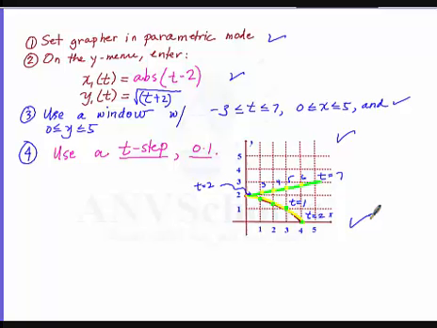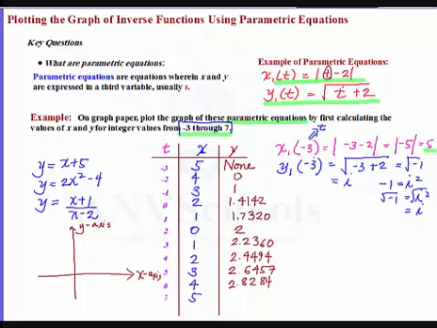Your window for x should be from 0 to 5, because you can see the domain here, it's from 0 to 5. You could see the x values. And your y values, you could set also from 0 to 5.